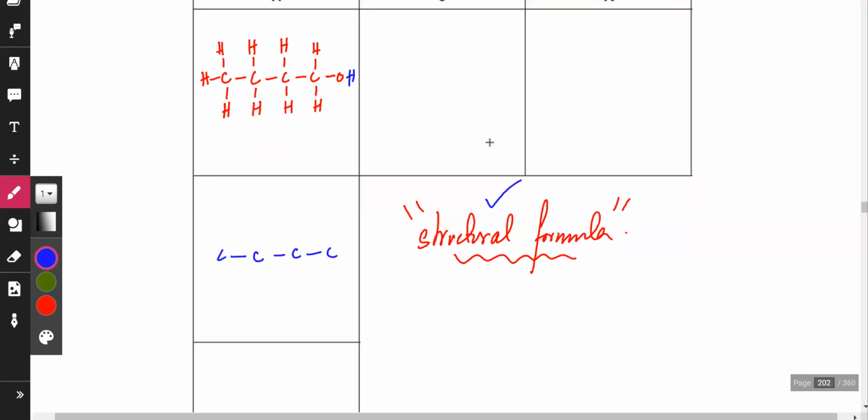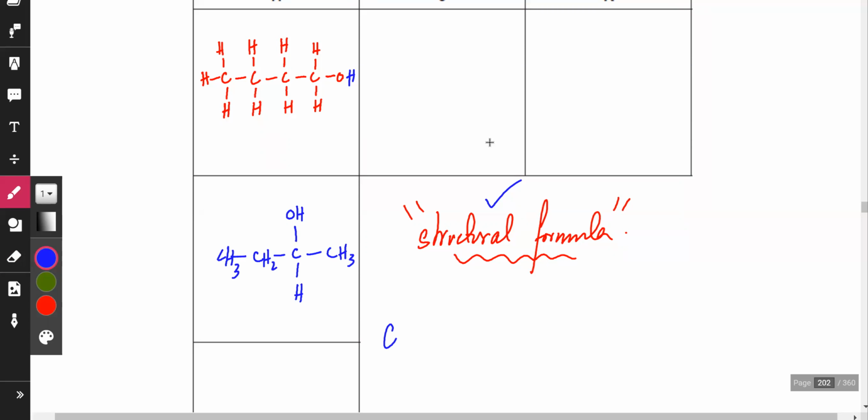The other one could be that the OH is on the second carbon atom. And there are three hydrogens here, two hydrogens over here, and three hydrogens over here. And there would be an H over here as well.